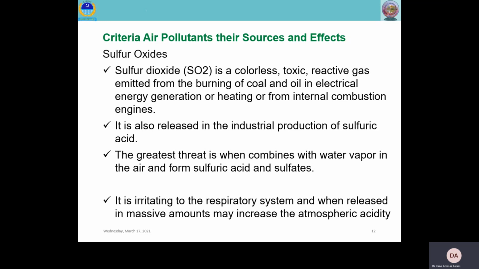So these are the major sources of sulfur dioxide. Sulfur dioxide can affect both health and the environment, right?